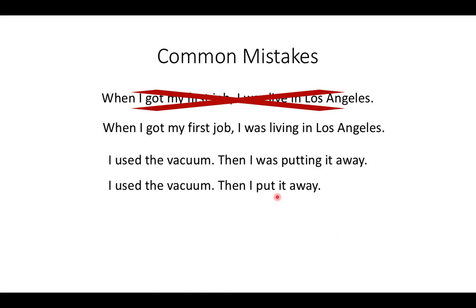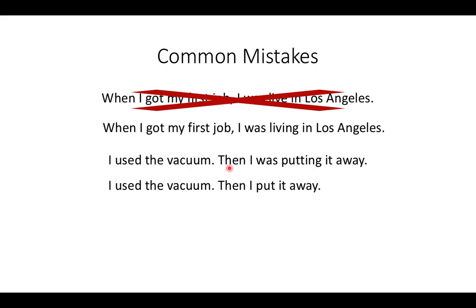This would be better because this one is saying then I was putting it away. That one is saying that it's past progressive. But this one is saying simple past, so it's saying something, then I put it away. It's telling you the order that it happened. I used the vacuum, then I put it away.